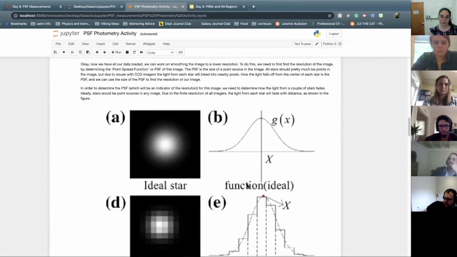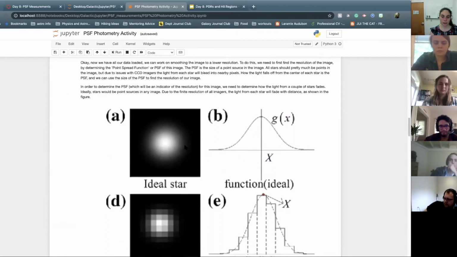So this is kind of what I'm showing here. If we had infinite resolution, the light from a star would fall off as a Gaussian, just based on, it should be a point source because we're never going to resolve a star. They're too far away and they are too small. So the light gets spread out as a nice Gaussian.